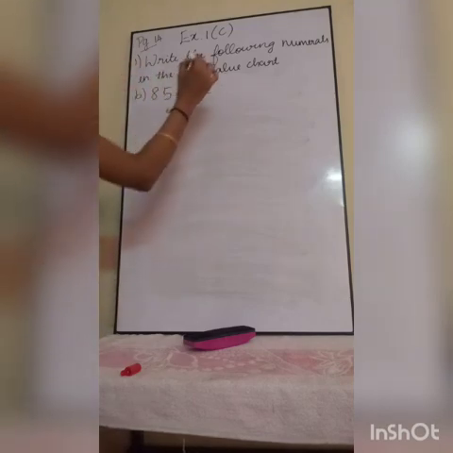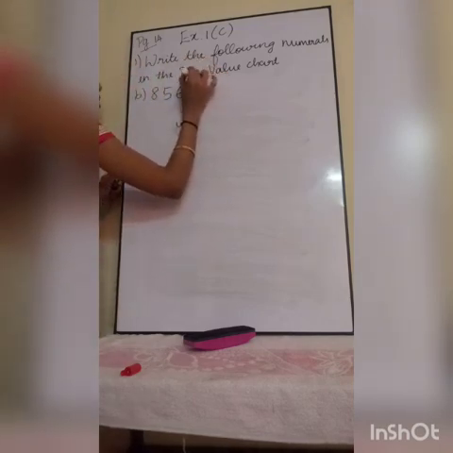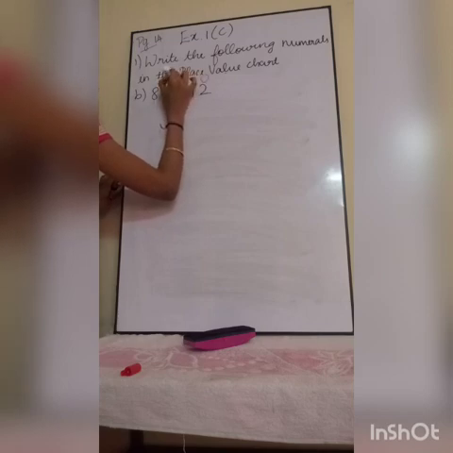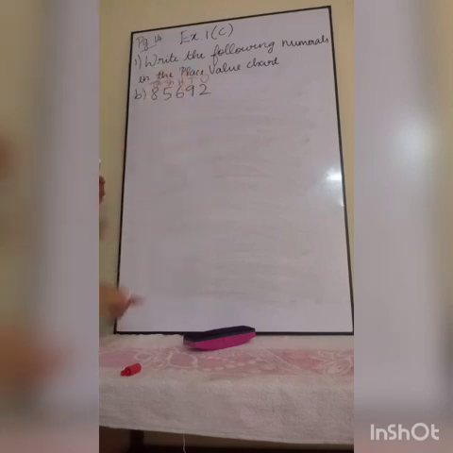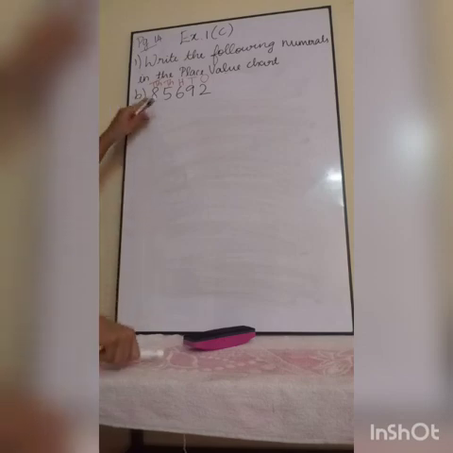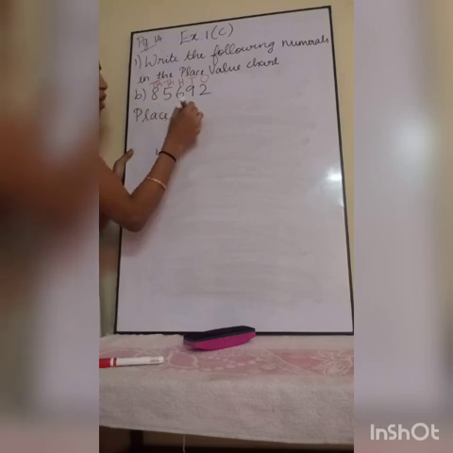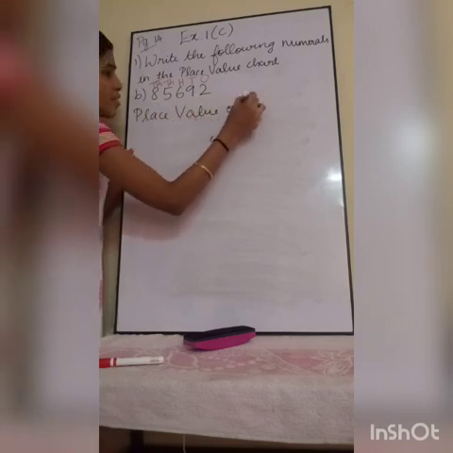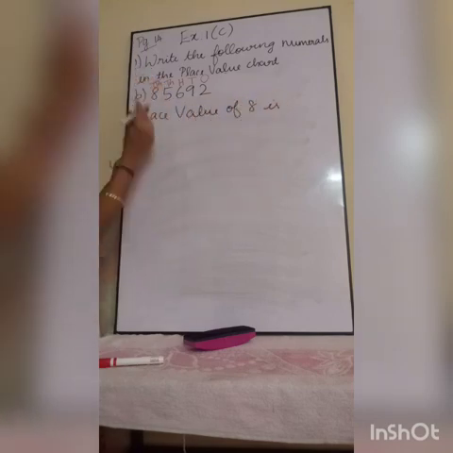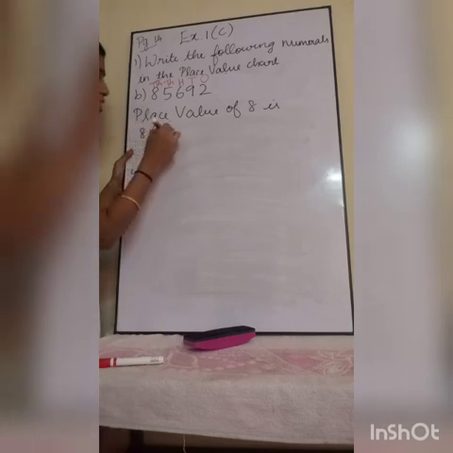Also the same thing, we are going to find the place value chart for this number. Okay, so I am going to write the place values above this: ones, tens, hundreds, thousand, 10,000. So I am going to start from 8. What is the place value of 8? 8 is in the 10,000 place.